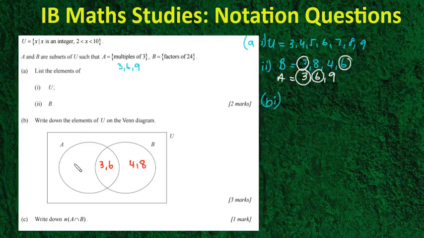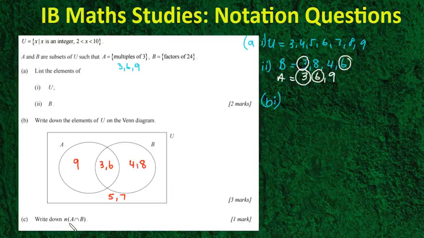For A, we've got 9 left over, which means for our universal numbers, we've got 3, 4, 5, 6, 7, 8, and 9. So that works out for the rest of my numbers. So we've written down all the elements of U, all our numbers, but we've placed them into the correct regions for just A, both A and B, and just B.